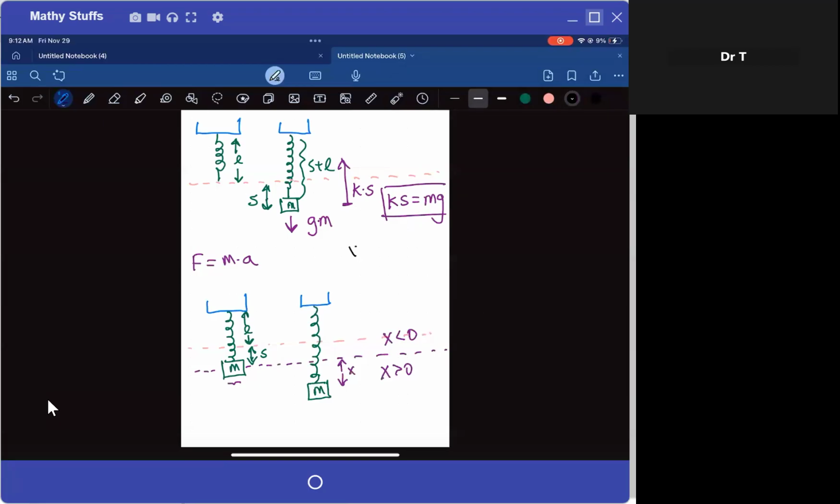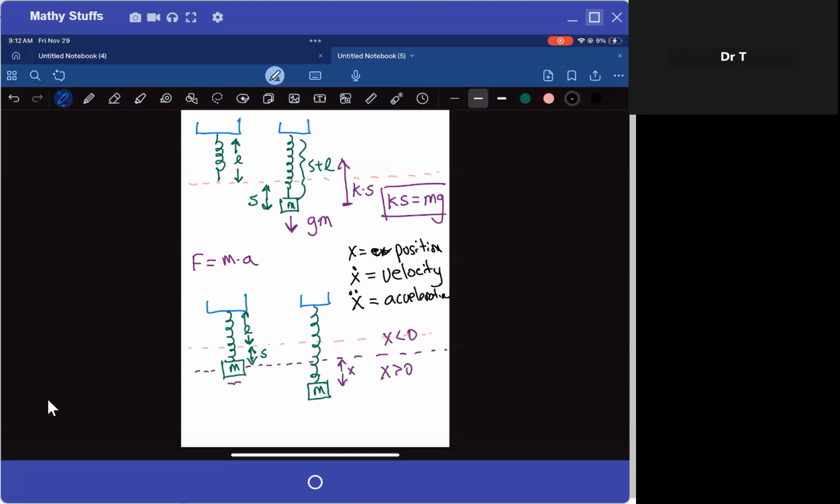So if x equals the extension, let's just say position, then dx/dt, which is x dot, is the velocity, and x double dot, see now we're getting a second derivative, that's the second derivative of x with respect to t, that is the acceleration.